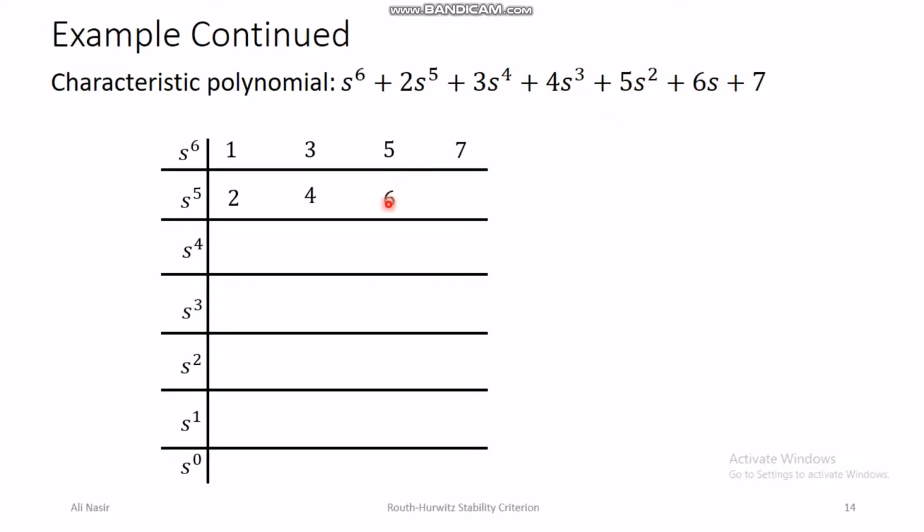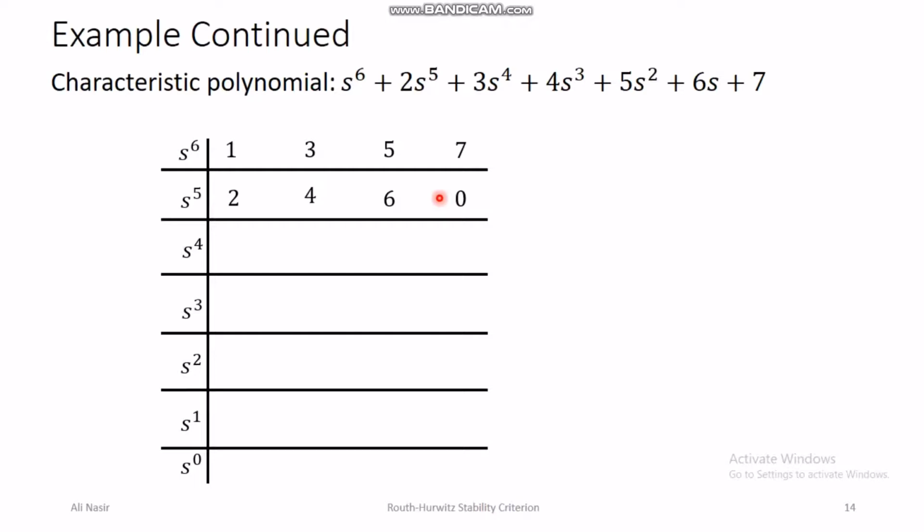Then you leave out this 7, and after this 7 there is nothing, so you fill in the row with a 0 value. Whenever there is nothing to fill in, you by default plug in the 0 value. And this is how you populate the first two rows of the Routh-Hurwitz table.